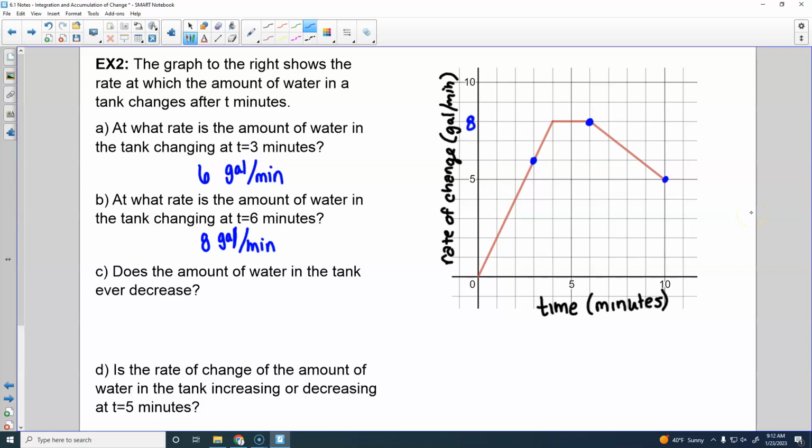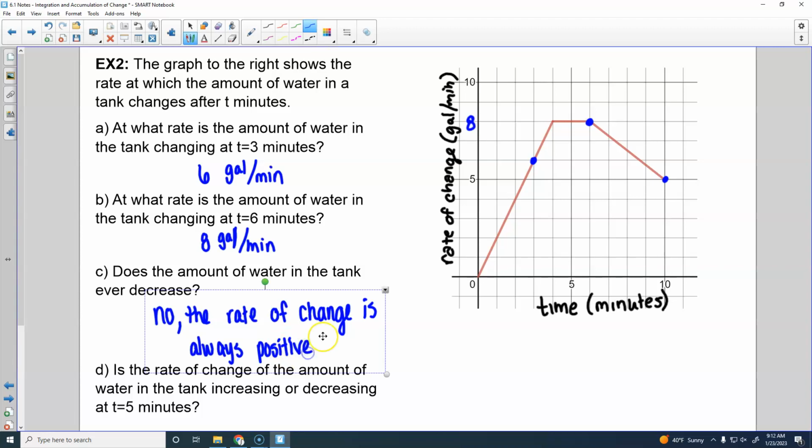We're still adding water to the tank. So the answer for this would be no, the rate of change is always positive. For us to see a leak in the tank, for water to be drained from the tank, we'd have to see this line drop below the x-axis.